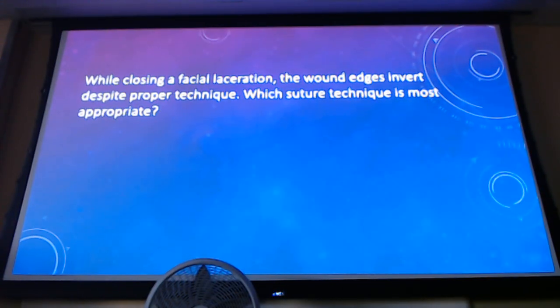All right, while closing a facial laceration, or any laceration for that matter, the wound edges invert despite proper technique. What type of suture technique is most appropriate?